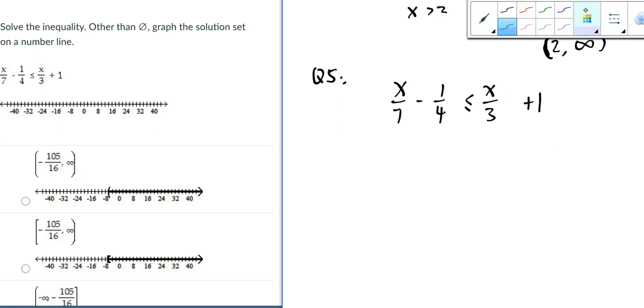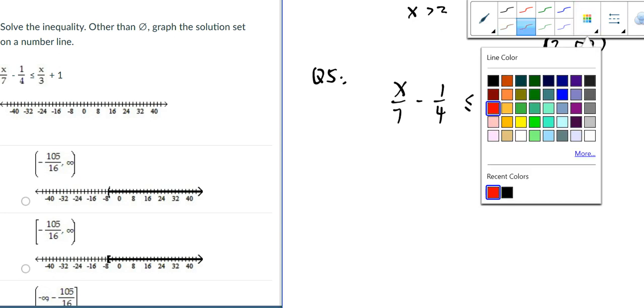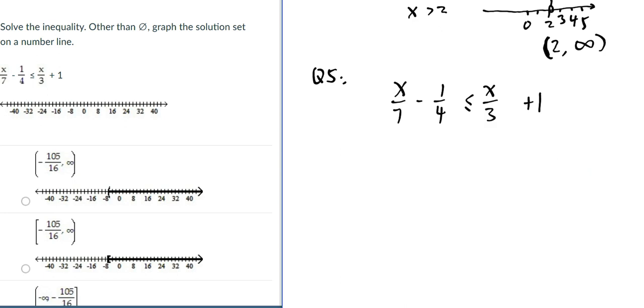Let me do it this way. Choose the red color. And then 3 times 7 is 21. If both sides are multiplied by 21, we are okay with this one and this one. But we got a problem with 4 because 21 divided by 4 is still not an integer.